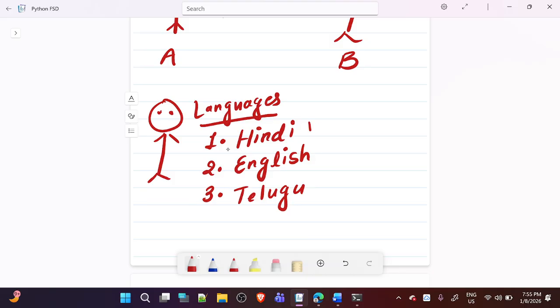So why is language required? So that a person can communicate. With language, a person can communicate.